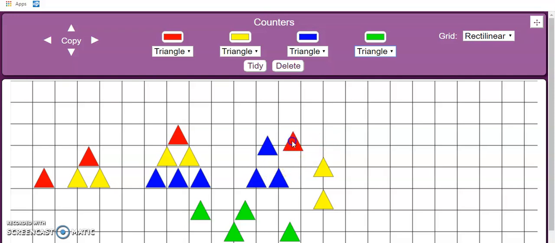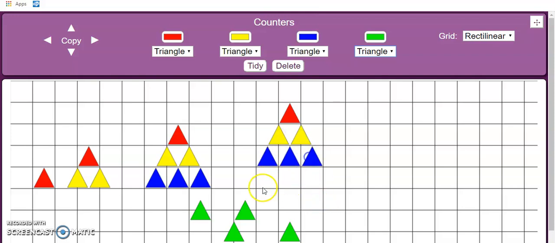Okay, so your next triangle number should look as follows. Four at the bottom. You got it. That's our next triangle number.